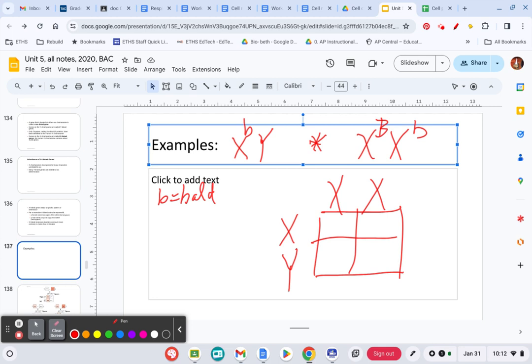I have to write those letters right away, and I know that she is a carrier. But notice I didn't put anything on that Y.